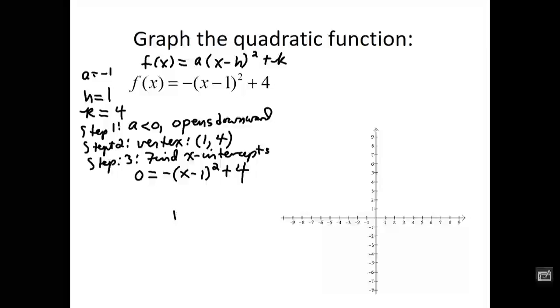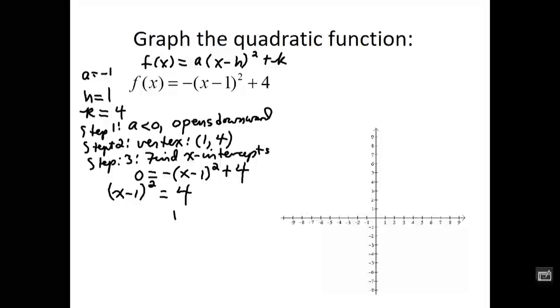By transposing the negative (x minus 1) squared from the right to the left-hand side, I have (x minus 1) squared equals 4.